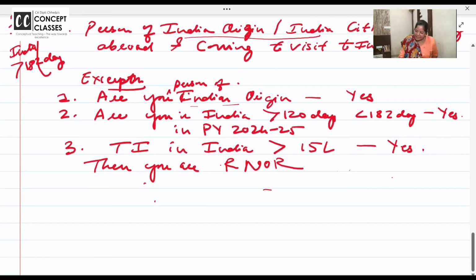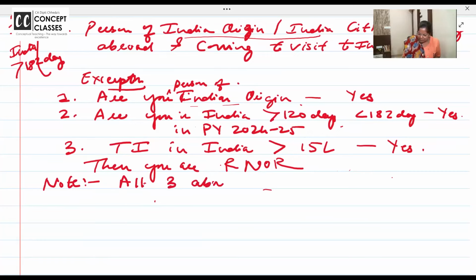Ma'am, in this, he is of Indian origin. He is there in India for 165 days. But he is having total income only 8 lakhs. No. Ma'am, he is having total income 25 lakhs. But he is in India only for 35 days. No. He सब आएगा ही नहीं. That's what is there in the problem. I want all of you to write a bold note.